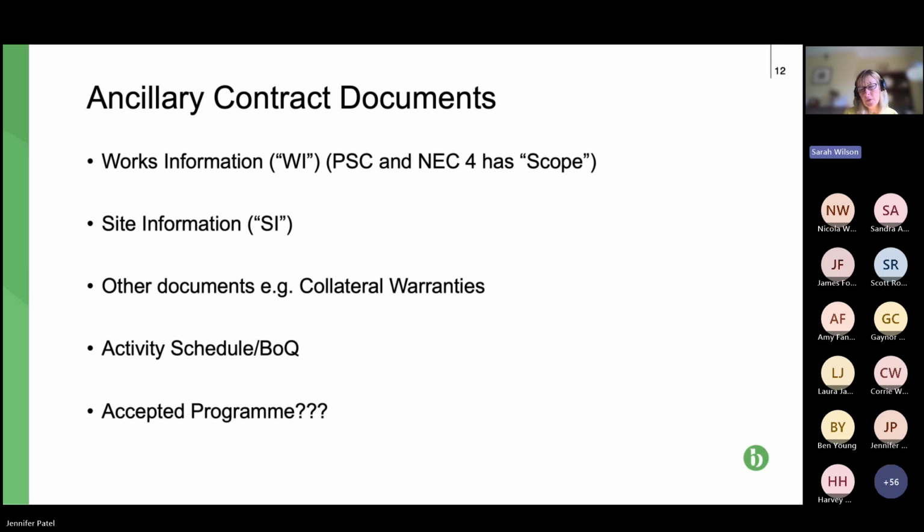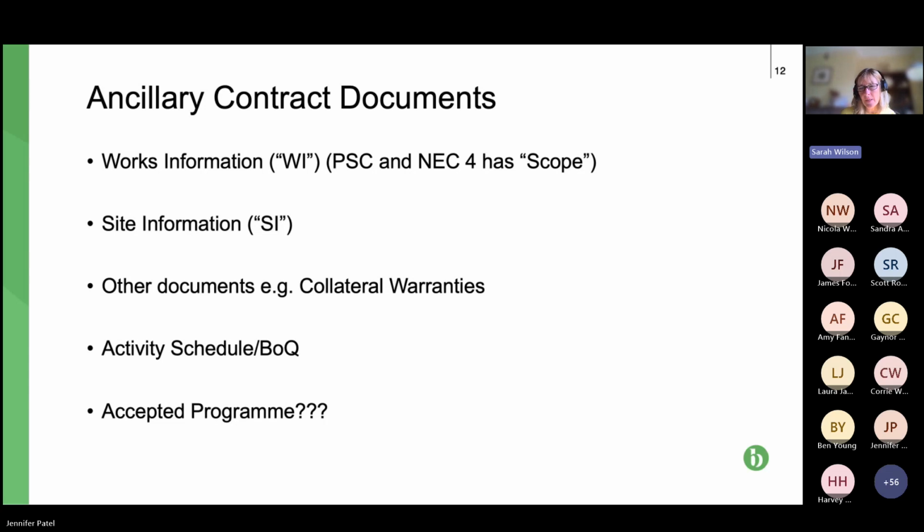So the activity schedule goes with a fixed price, and also a target contract. The bill of quantities goes with a remeasurable contract and also a different type of target contract. And then finally, there might be an accepted programme appended and sewn into the contract. Might be, hence the question marks, what the contract says.